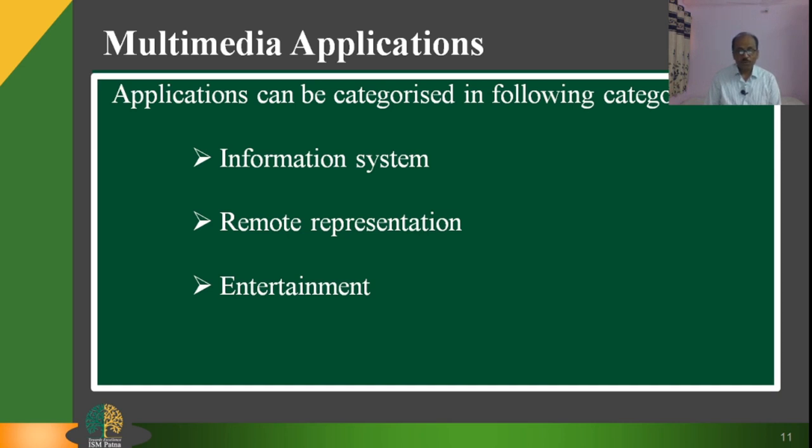Since mostly we use multimedia applications in entertainment and then remote representation, and in last only we get help of it in information system. So, we use multimedia applications for electronic publishing, hospital information system, navigation and other allied information systems. So, these are the various classifications of the multimedia applications.